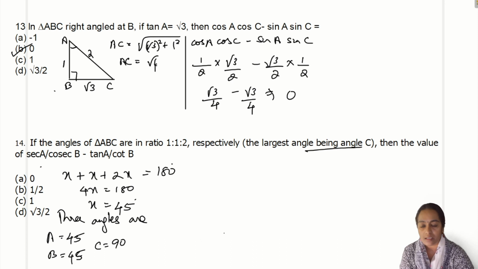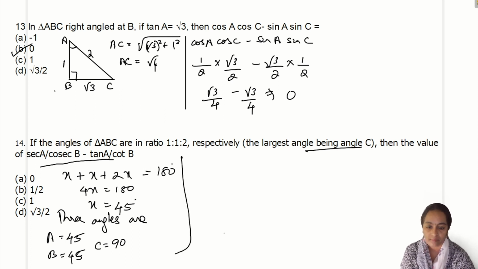The question asked is, find the value of secant A by cosecant B minus tan A by cot B. So let me find. Angles A and B are 45 degrees, student.